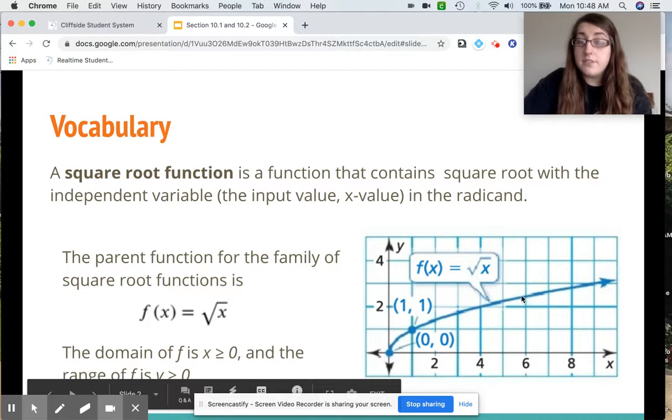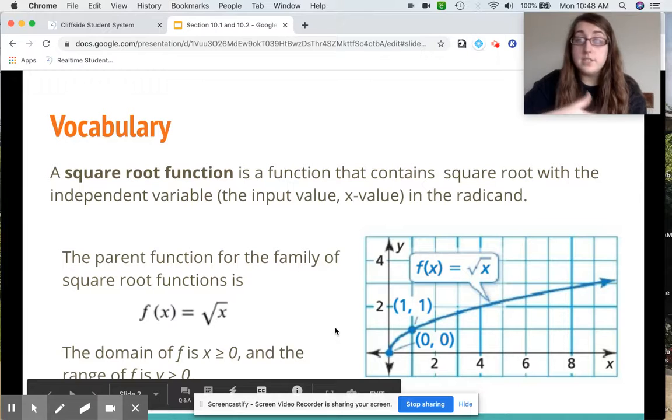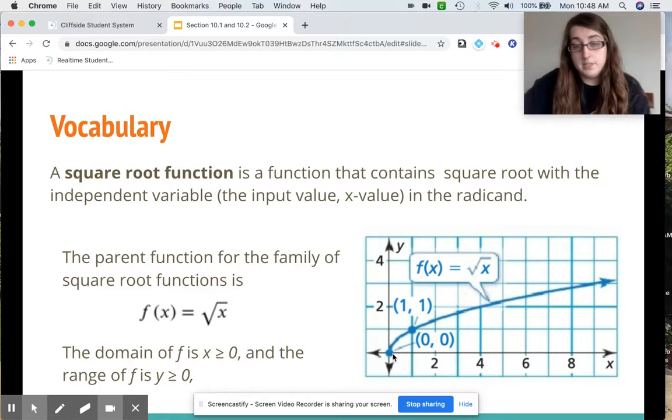And since the graph opens upwards, your range is going to be everything above 0. So your range is going to be y is greater than or equal to 0. So again, we'll look at domain and range of different examples as we go through, but it really all depends on this starting point here and what the graph looks like, whether or not it opens upwards or the downwards version.